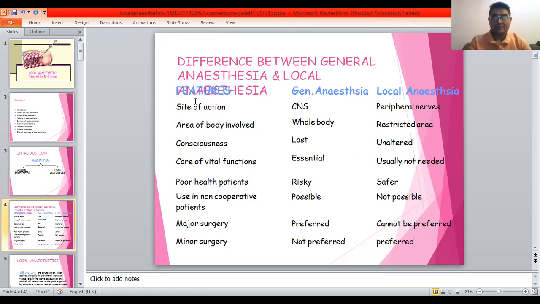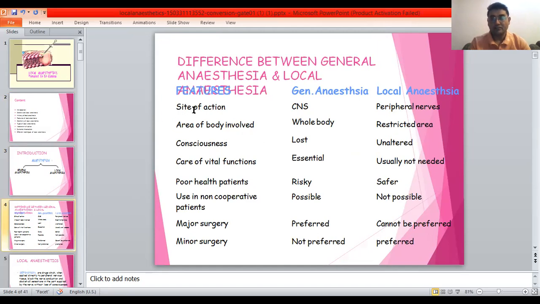There are features in this column, the features of general anesthesia, and in this column, the features of local anesthesia.